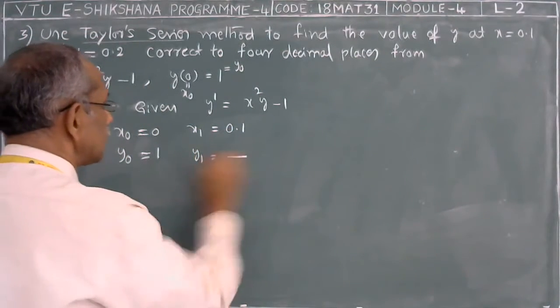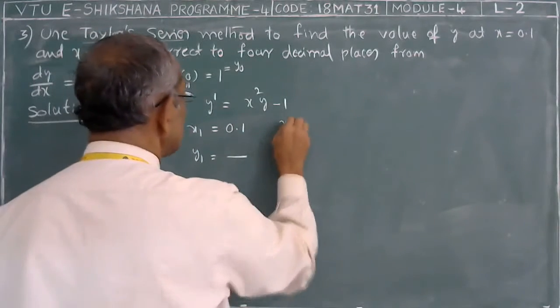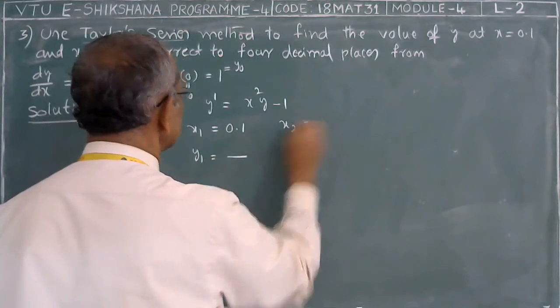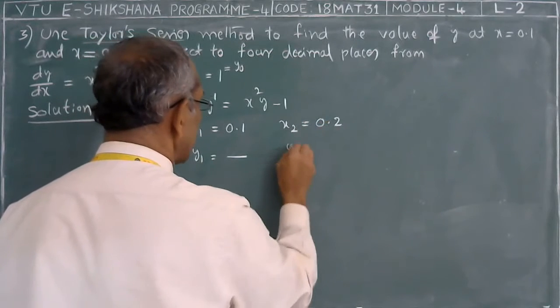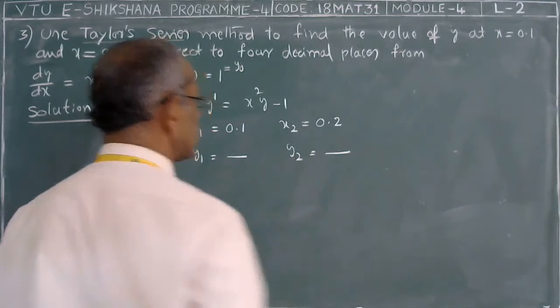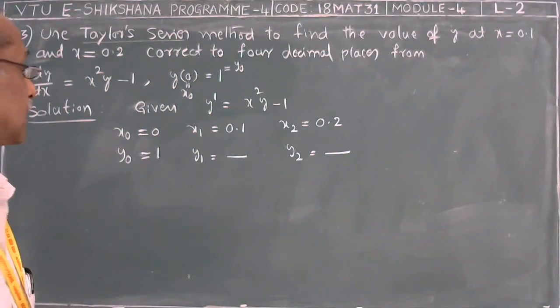Corresponding y1 we have to find out. Then another value of x, equidistant, x2 is 0.2, and corresponding y2 we need to calculate using Taylor series method.